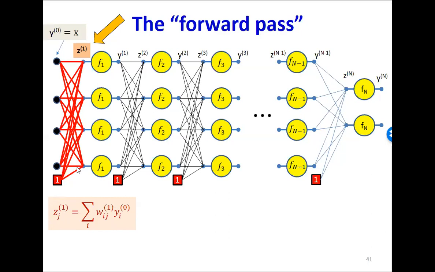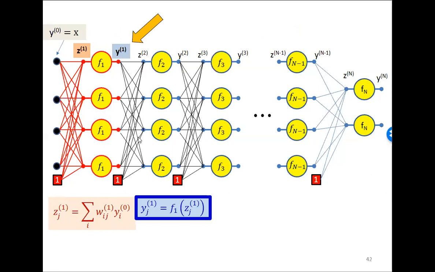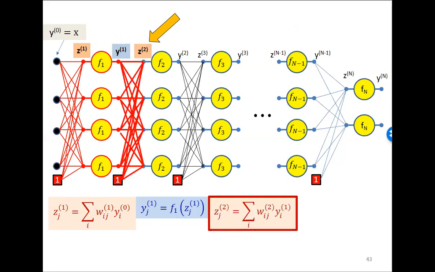Once you've computed these affine values, you can put all of these affine values through their corresponding activations, and you're going to get the outputs for all of the neurons in the first layer. Then you can use these outputs and repeat the same computation to compute the affine values for the neurons in the second layer.